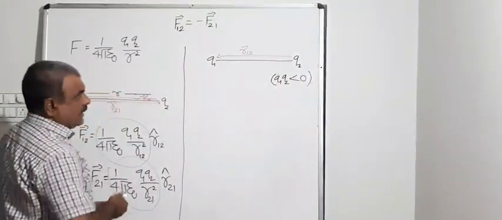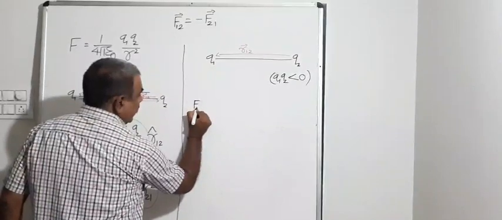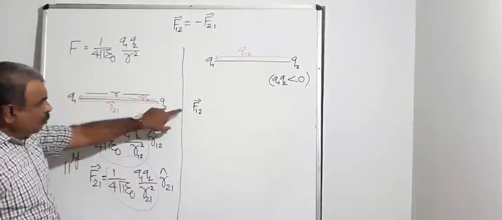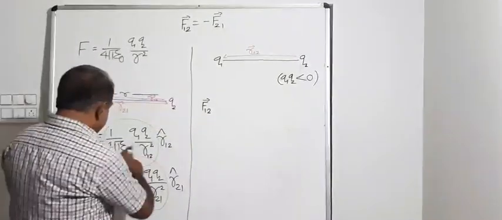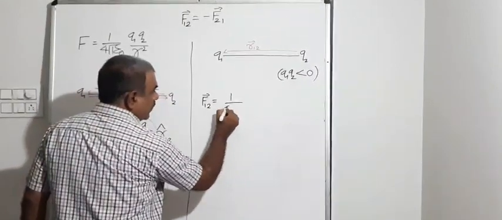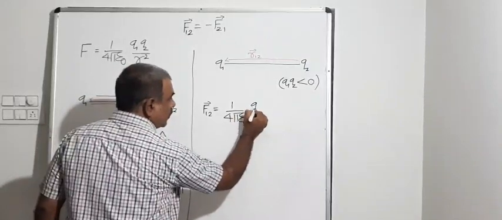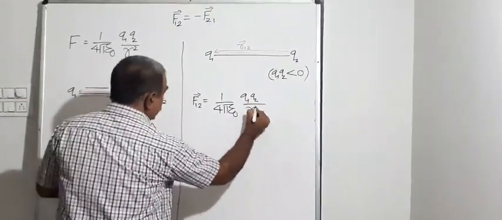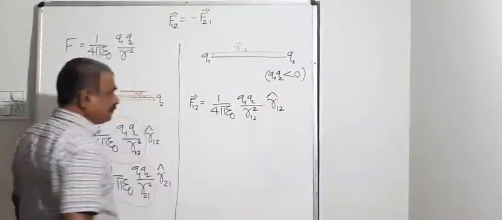Now if I write F12 as the force on charge 1 by charge 2, then as I have written, it is 1 over 4 pi epsilon 0 Q1 Q2 by R12 square into R12 cap.